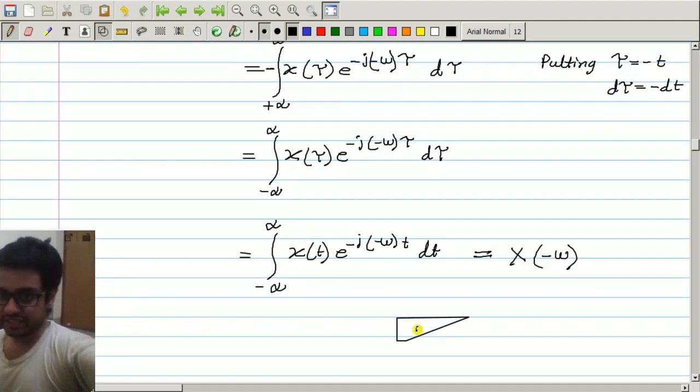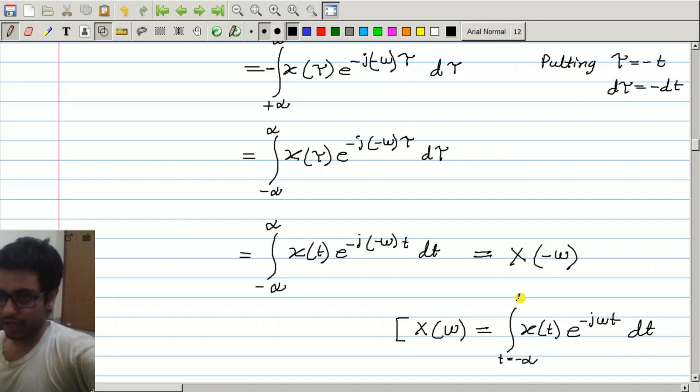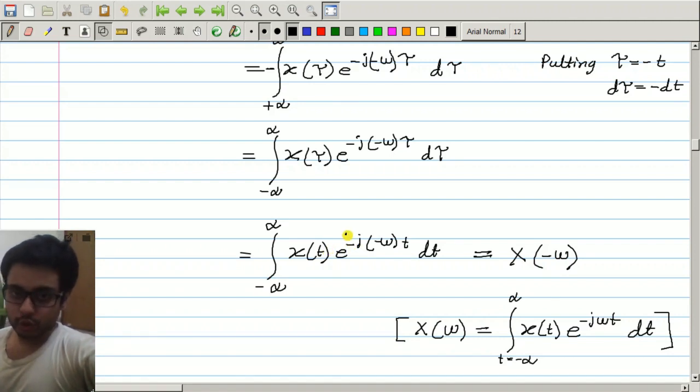This is since X(omega) is equal to the integral of x(t) e to the power minus j omega t dt, t running from minus infinity to plus infinity. So if you put minus omega here, here also you have to put minus omega, and exactly that is what you have here. Okay, so that is all for today. Next day we shall prove a few more important properties at the beginning, and then we will move on.